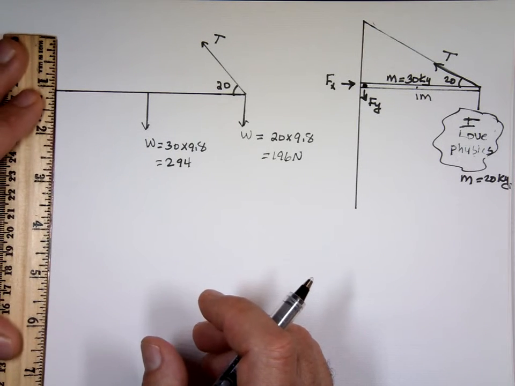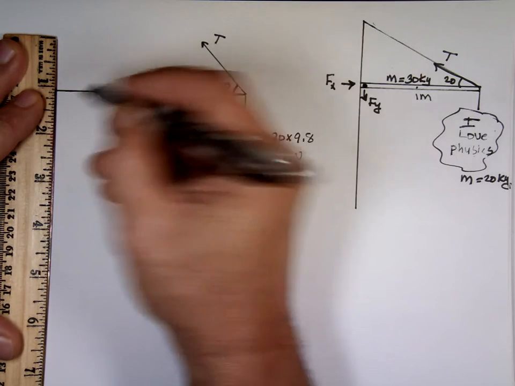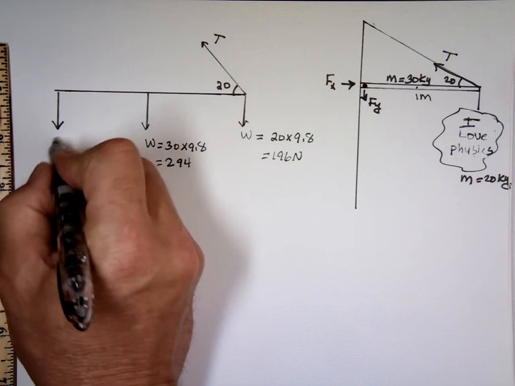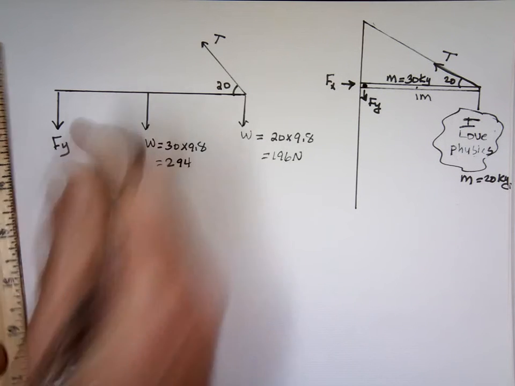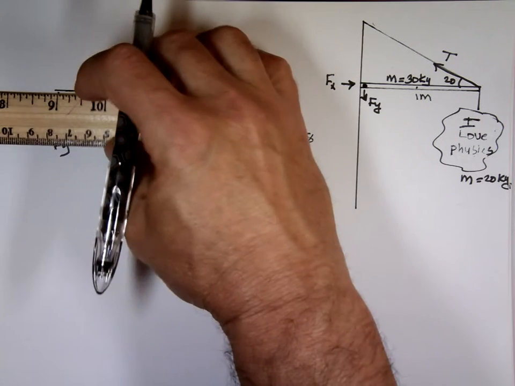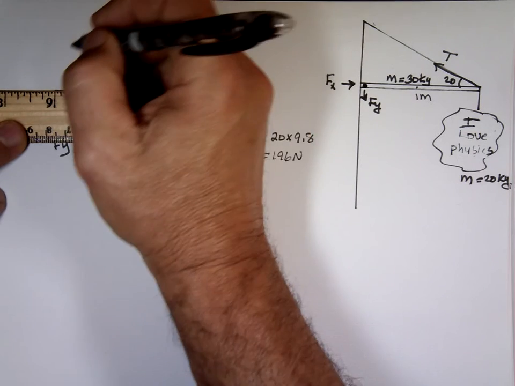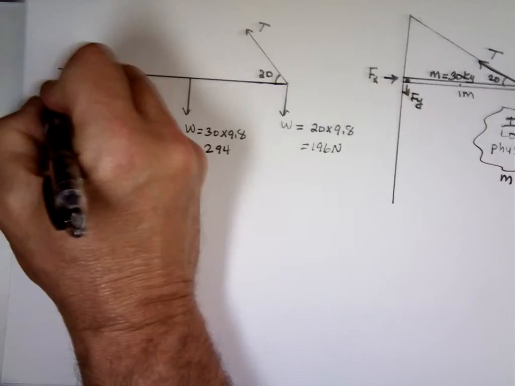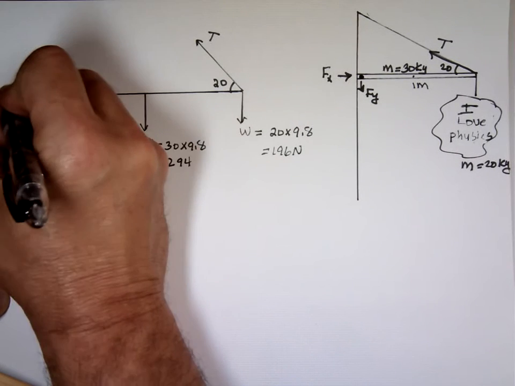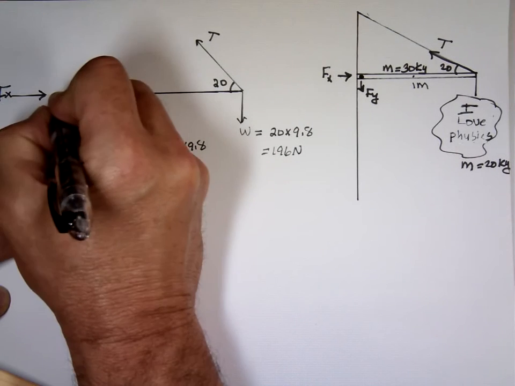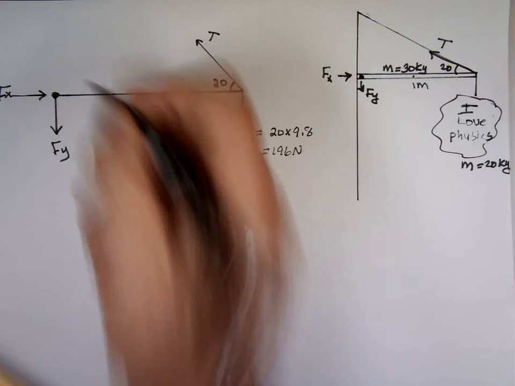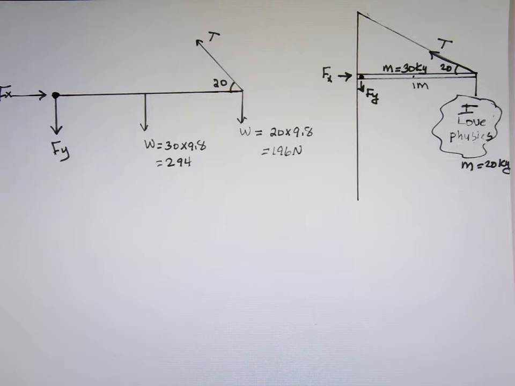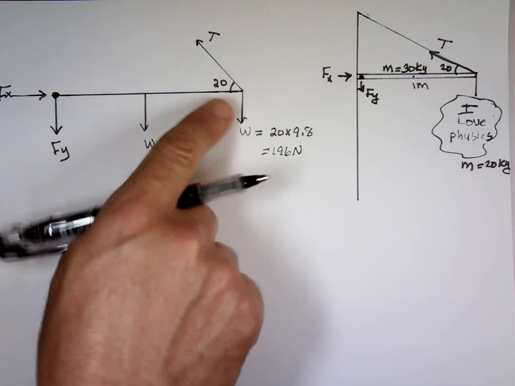We have F of y, which I took a guess that says coming down. If the value is negative, that means I'm wrong. It's pointing upward. And I took a guess on F of x is pointing in this direction. And that's the pivot point, because it's attached to the nut right there and makes a move right there. What I'm going to do, take that force here and break it down to x and y components.